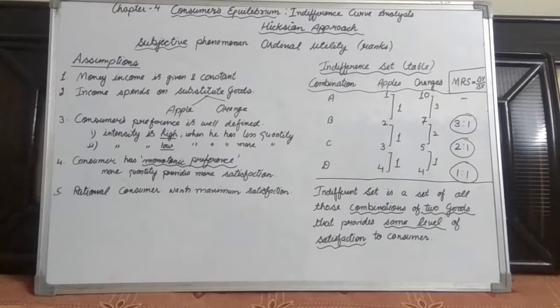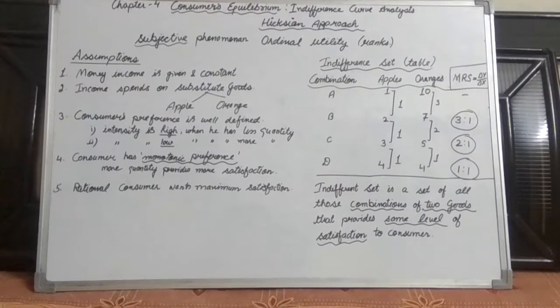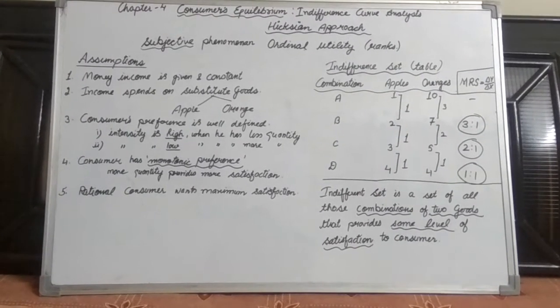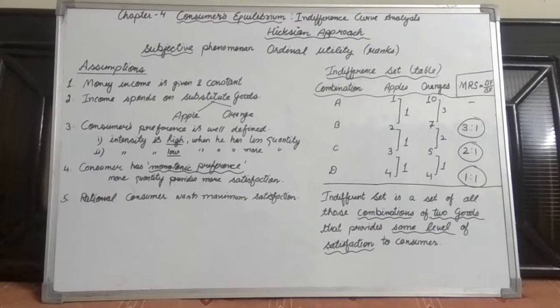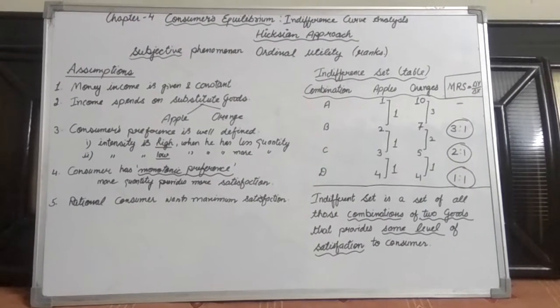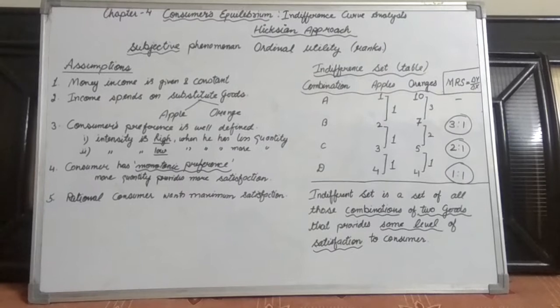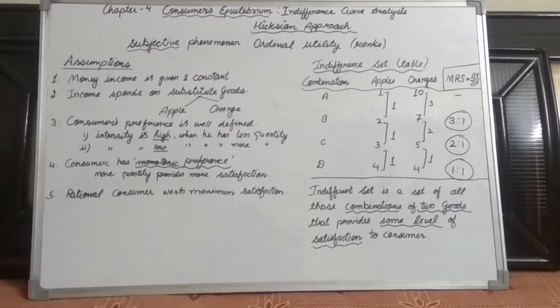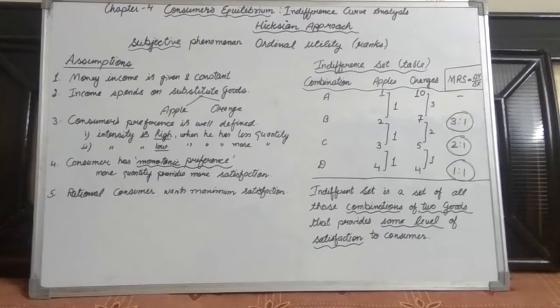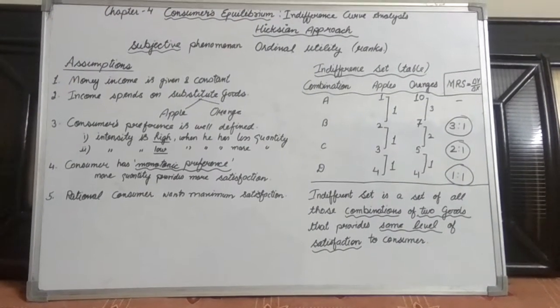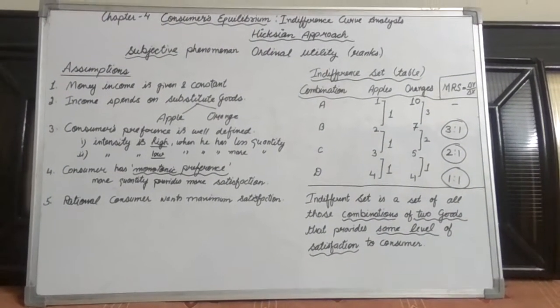Second one is income spent on substitute goods, means the consumer has his income to spend on two goods, and those two goods are substitutes, means one can be replaced by the other, and we have taken those goods as apple and orange. Third one is that the consumer's preference is well defined, means whatever the consumer needs is clearly explained.